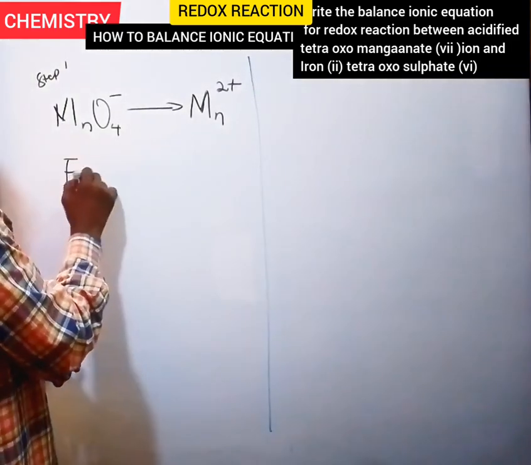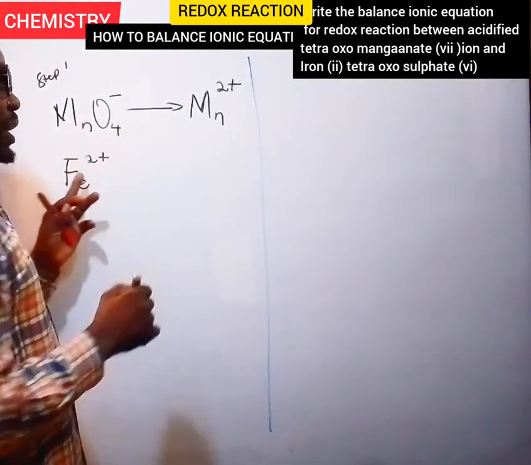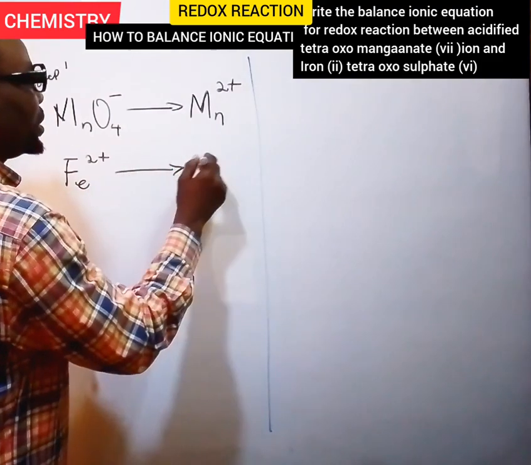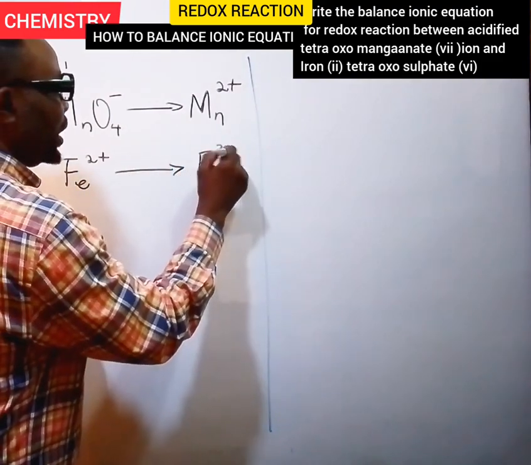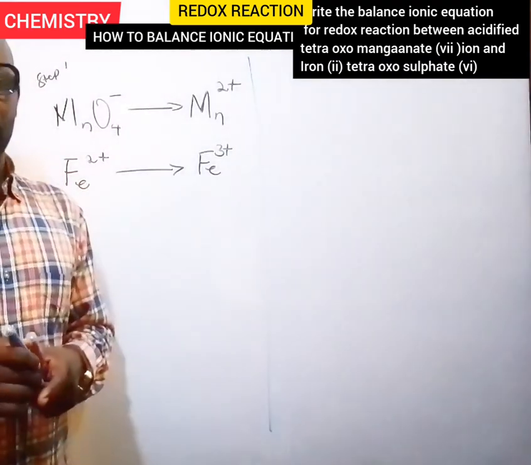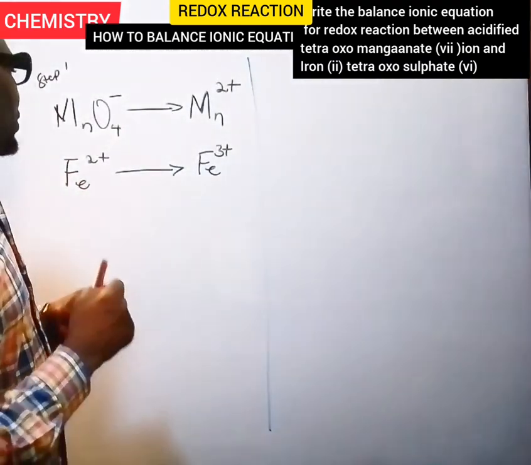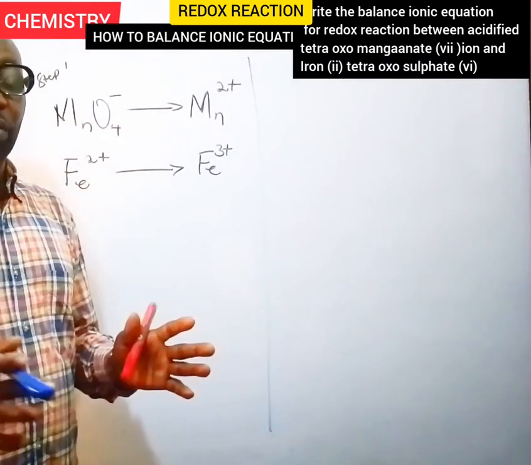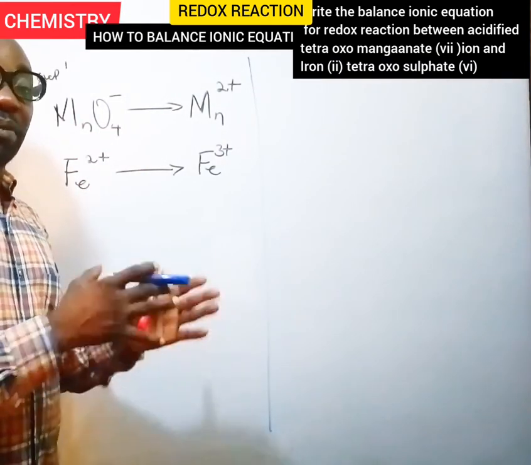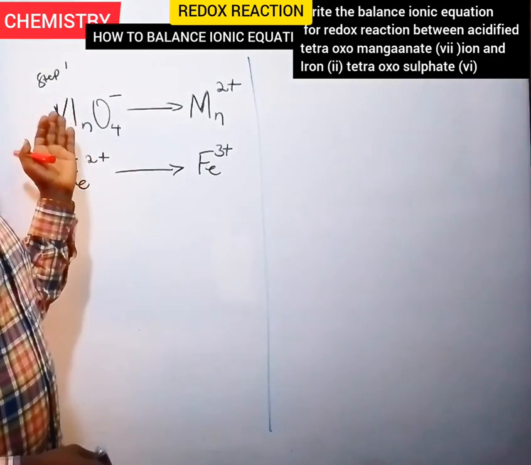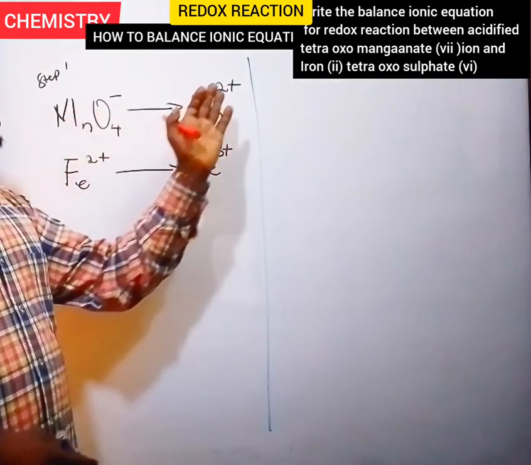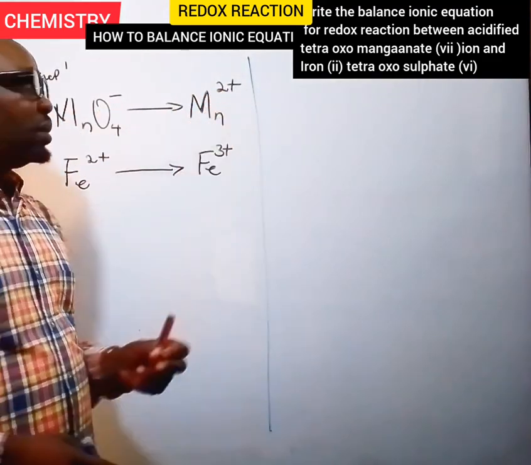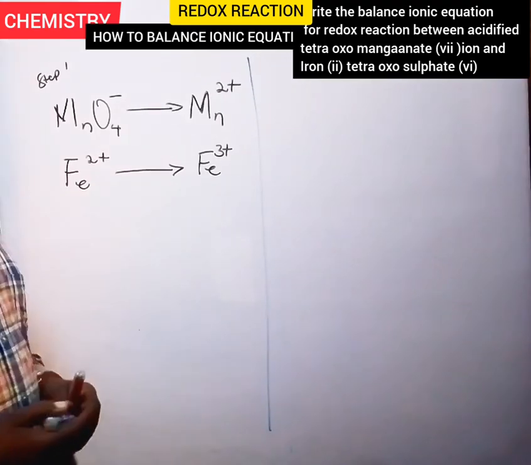So we have Fe2 plus, and that will lead to Fe3 plus. The iron 2 will increase to iron 3 in that reaction because the reaction is in an acidic medium. And the manganese in the tetraoxomanganate 7 ion will lead to 2 plus.